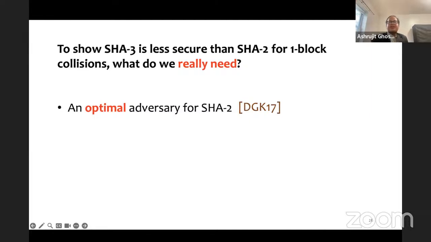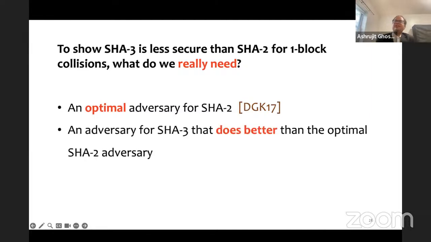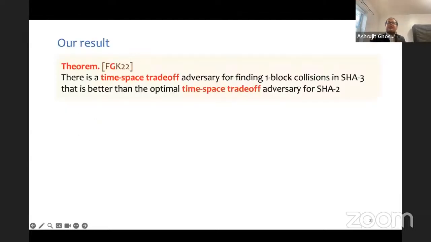So all we need to do is give an adversary for SHA-3 that does better than the optimal adversary for SHA-2. We do this by giving an explicit time-space trade-off adversary that does better than the optimal time-space trade-off adversary against SHA-2. But first, let me informally define what a time-space trade-off adversary in this context is.